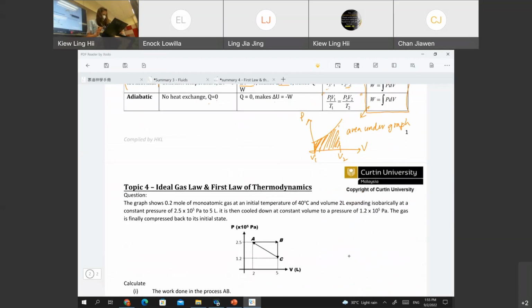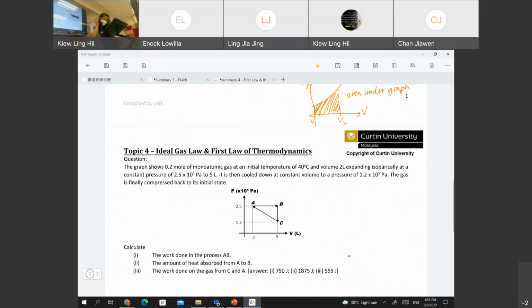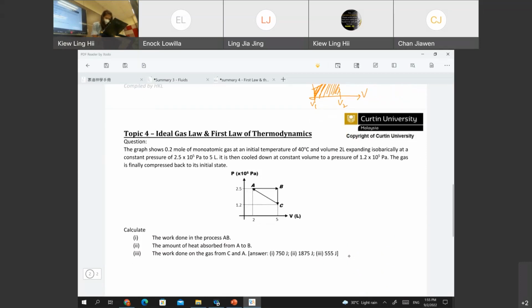So now let's look at the example. This example, we will be utilizing the area under the graph. Number of moles 0.2, initial temperature 40, and volume of 2 liter. Let's put this as TA, and volume VA, 2 liter.